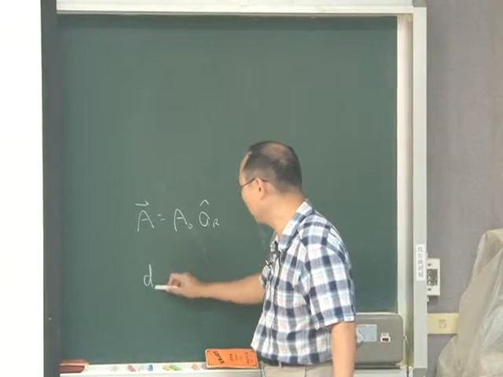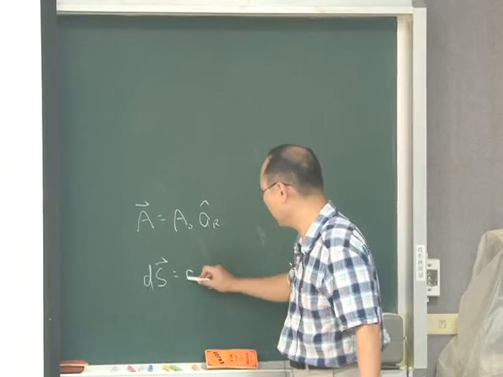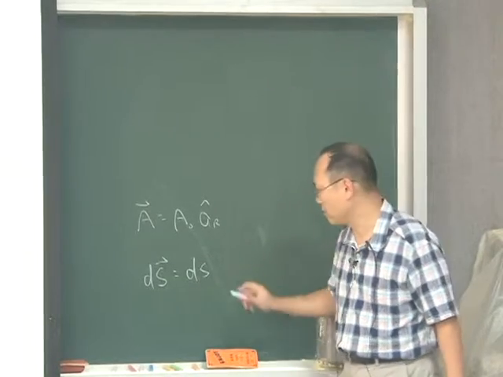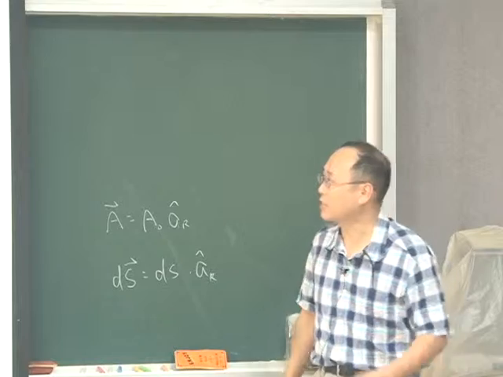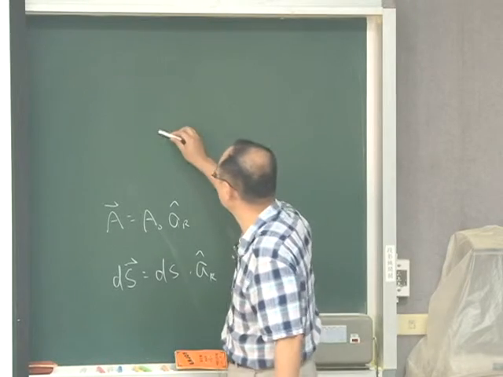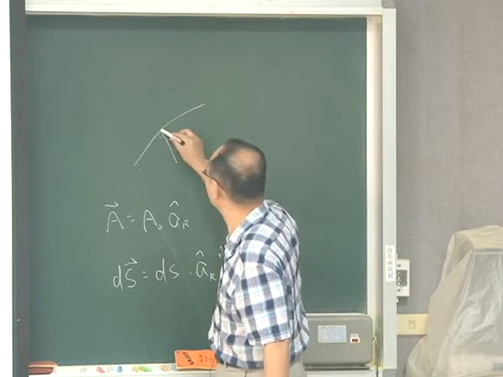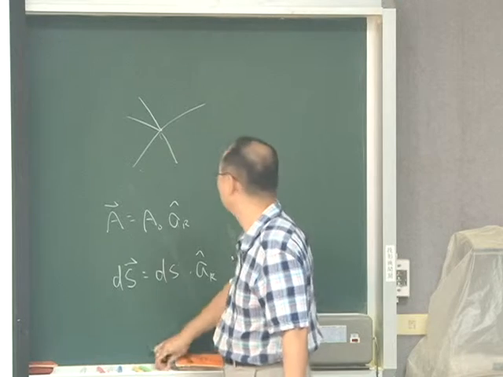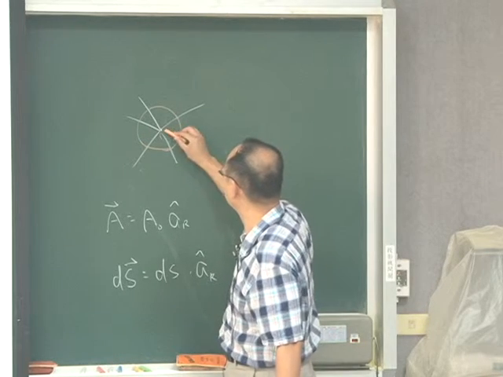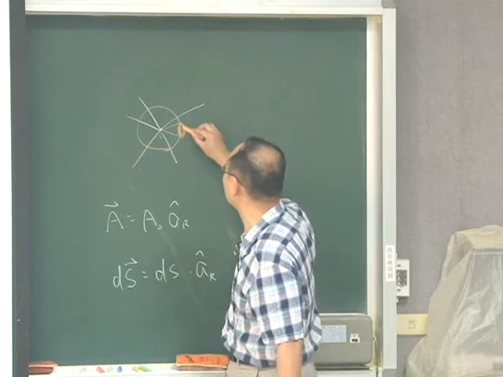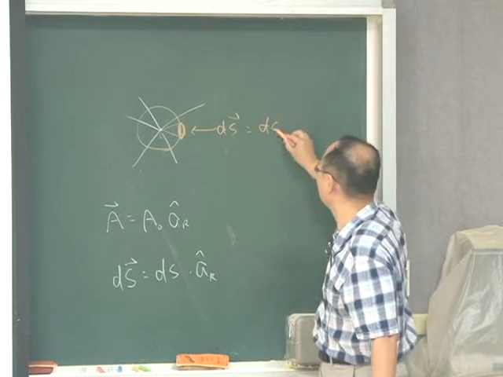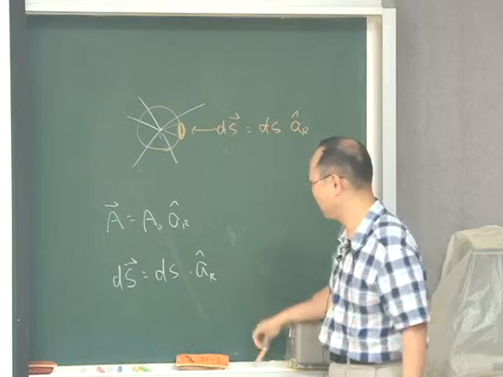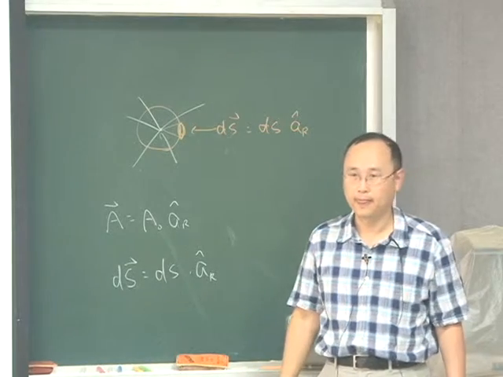This ds, the outward direction of this surface, if I pick some small surface here, is also along the R direction.